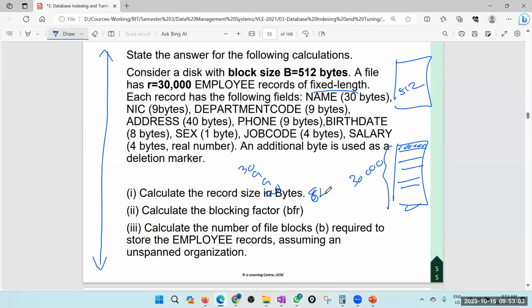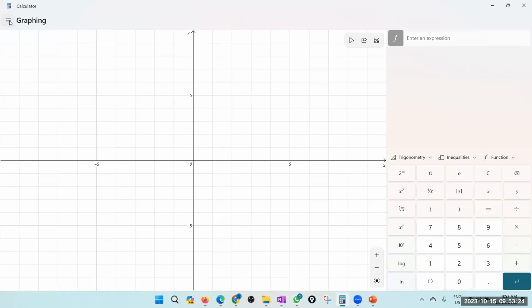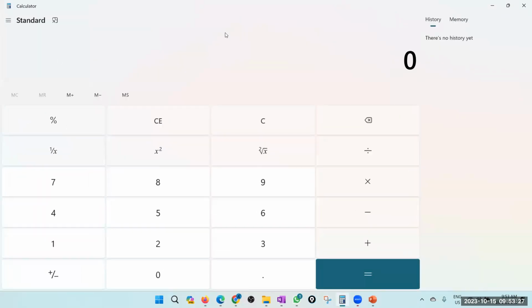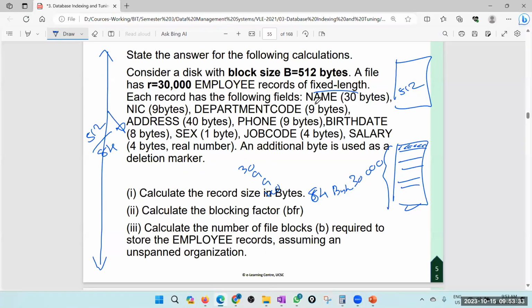Just double check whether I made a mistake. 84 byte. Blocking factor is number of records per block. That is 512 divided by 84. Remember, we have to floor it. I will be using the calculator. Let's do it again. Say 30, 40, 70.